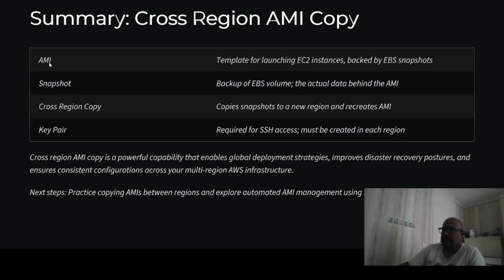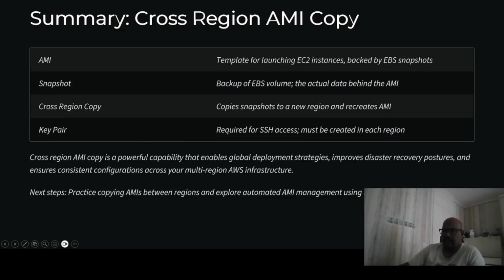In this topic, we have covered what an AMI is, how the snapshot data works, and how to do cross-region copy and key pairs. In the target region, again we need to create a new key pair. These are the main important points.